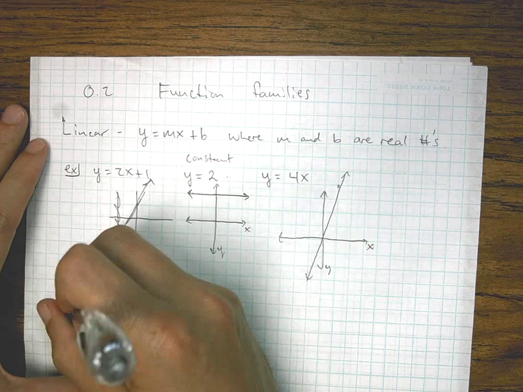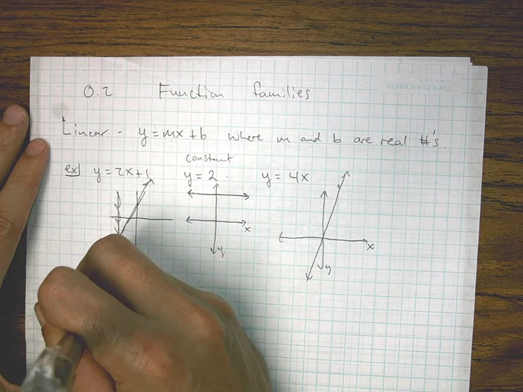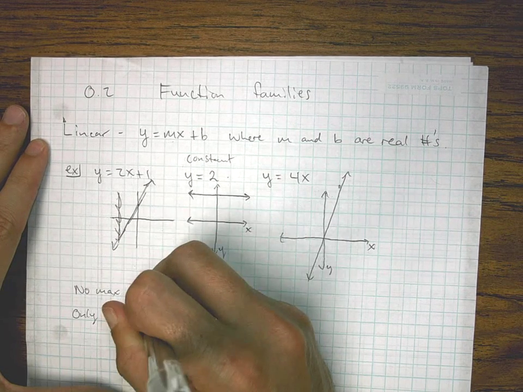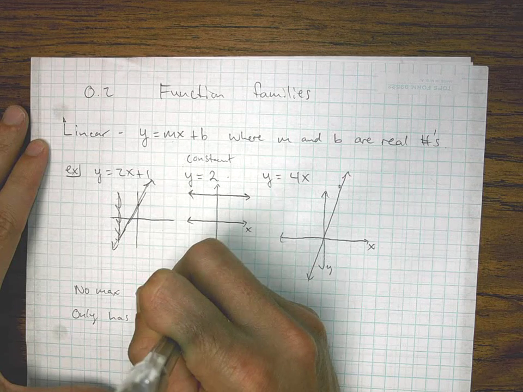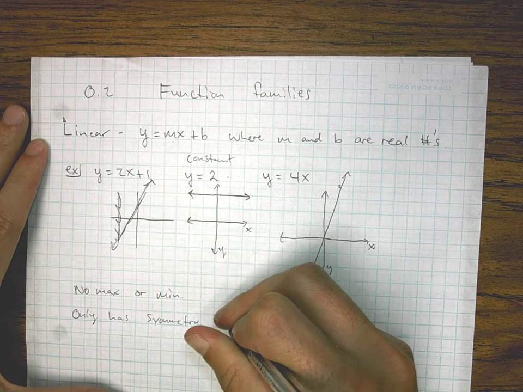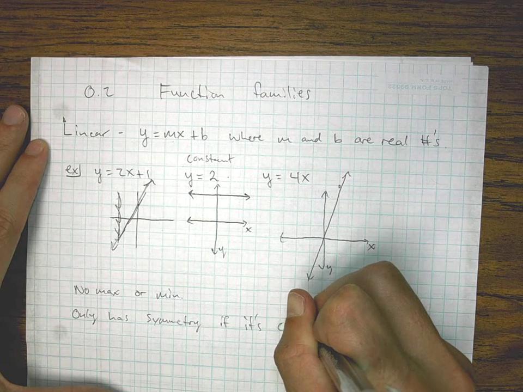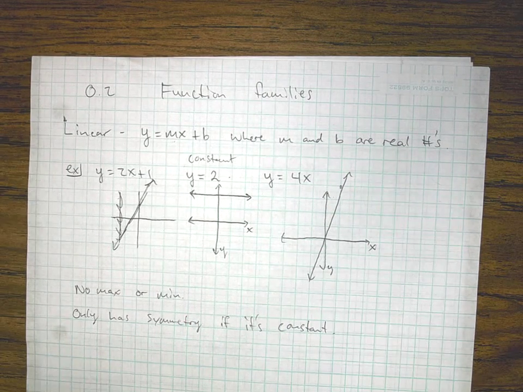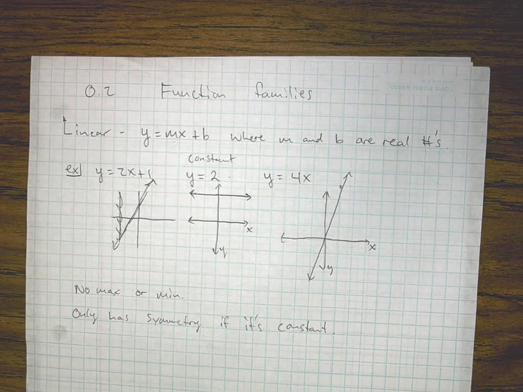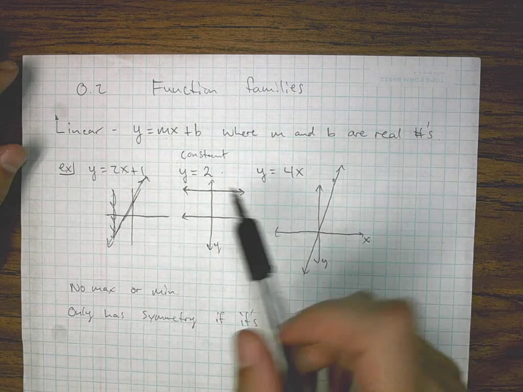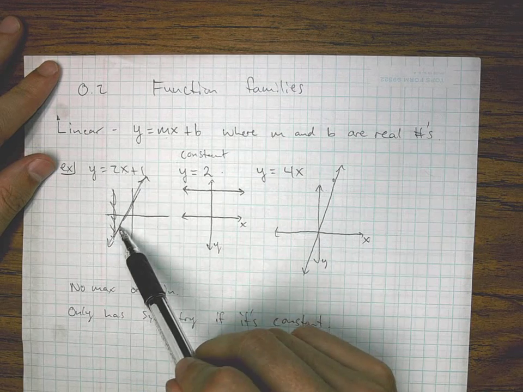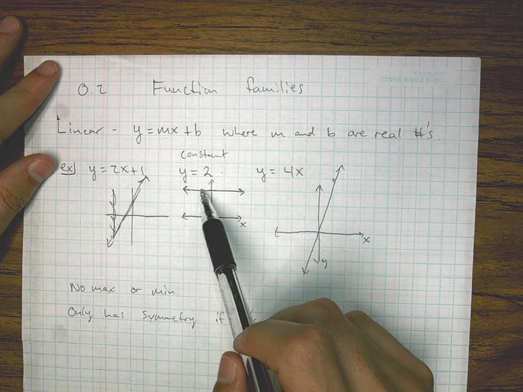Okay. So only has symmetry if it's a constant function. And next, this function goes up. This function is a constant function.